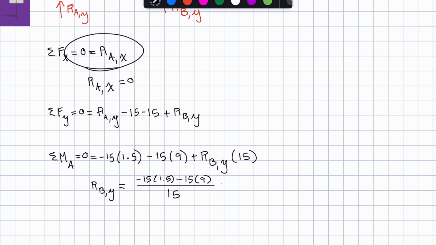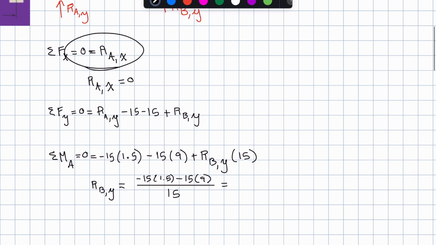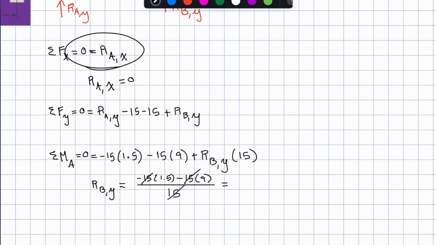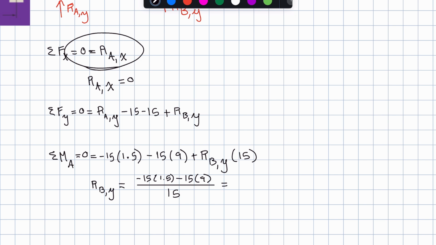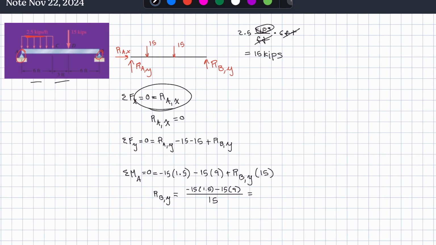And this comes out to, let me see my calculator real quick. Actually, I don't need my calculator. This all cancels right there, and then we're just left with 1.5 plus 9. I made a mistake actually.